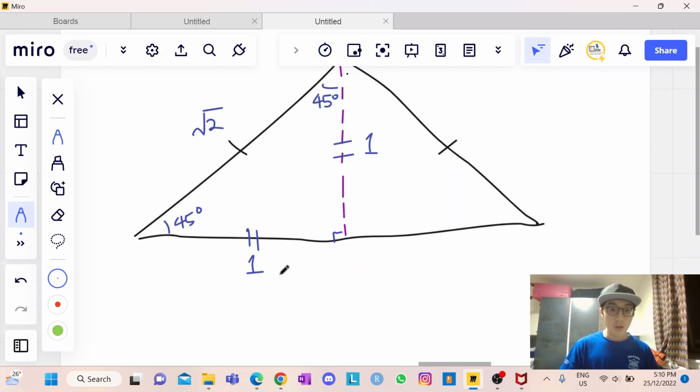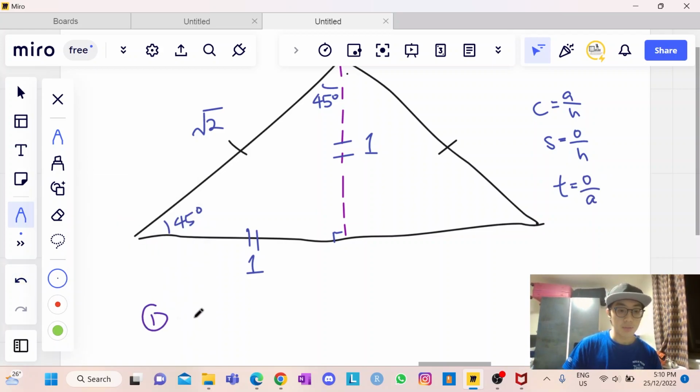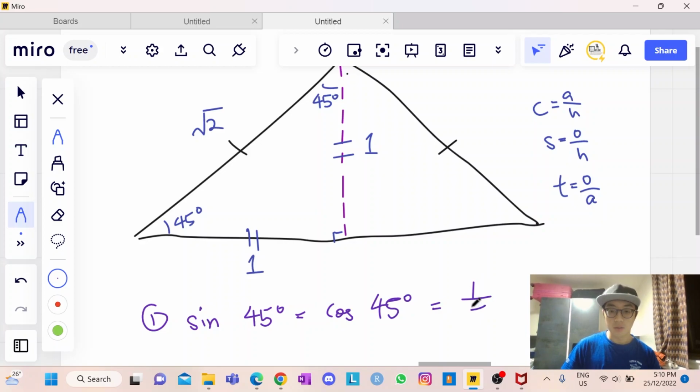Same thing, for 45 degrees, we can use the rules of SOH CAH TOA to look for these three pieces of information down here. Number one, sine 45 will be equal to cos 45, which is 1 over root 2. If you want to rationalize it, it's root 2 over 2.